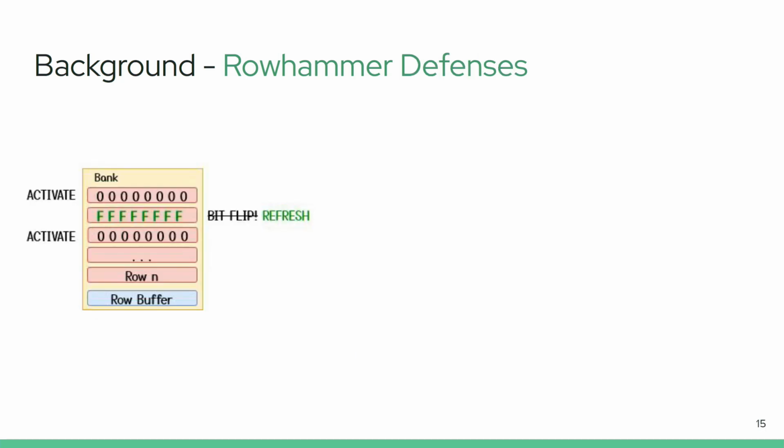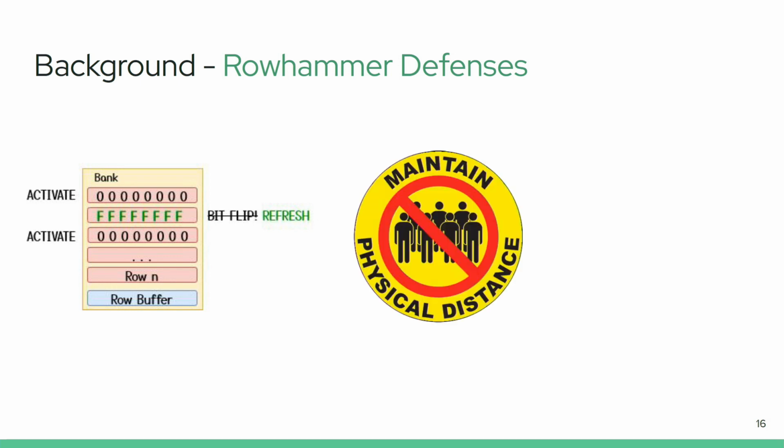On the defensive side, there are three main classes of defenses which have been proposed. Refresh-centric mitigations are mostly implemented in hardware, and these aim to refresh the victim rows before a bit flip is injected. Then in software, there are often physical isolation-based schemes.